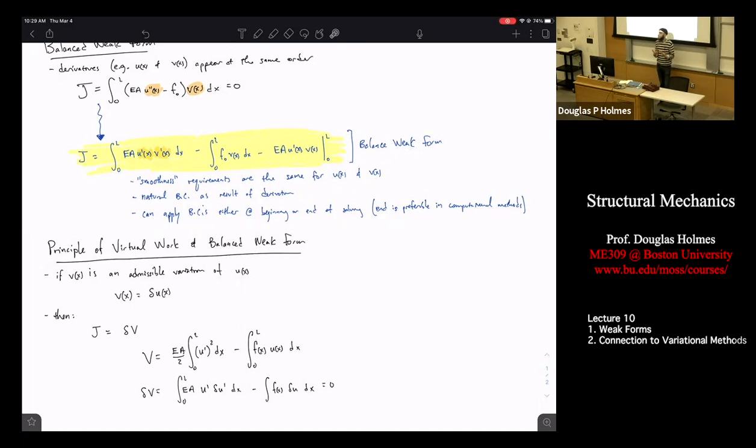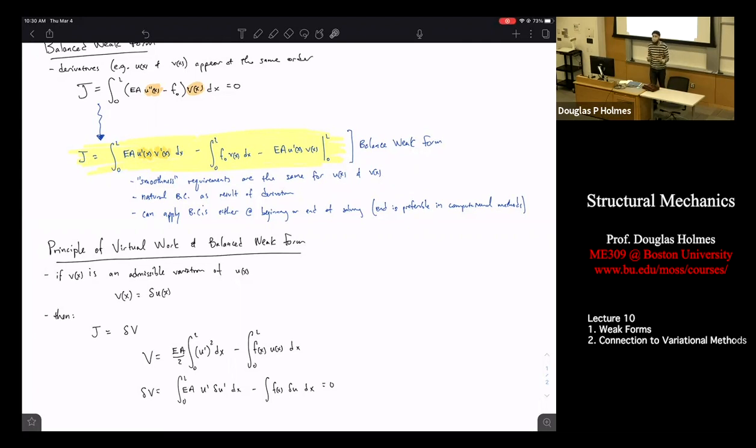One of the things we do, though, is we don't really use any of their built-in modules. We just use it to solve the equations we derive. You can input into COMSOL the weak form directly and ask it to solve the weak form for your problem. And the weak form is just what we derived using the calculus of variations. It's equivalent to the first variation of our total potential energy.